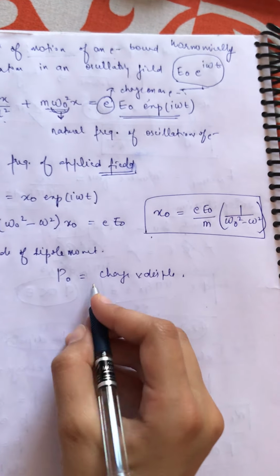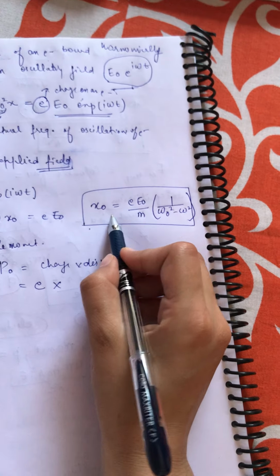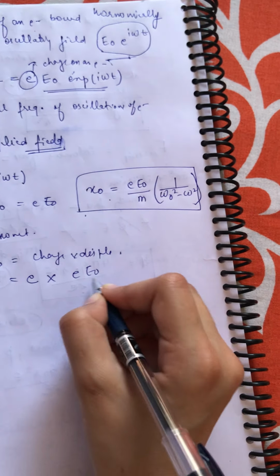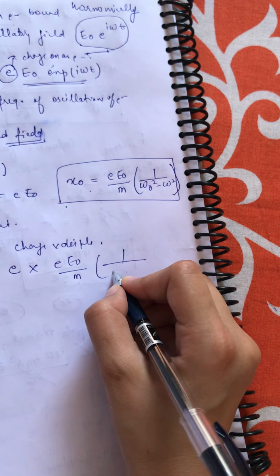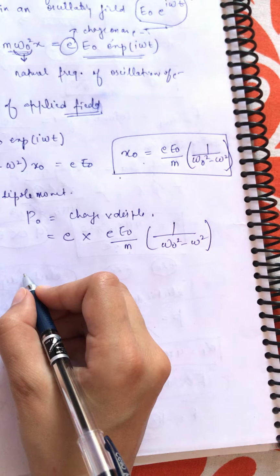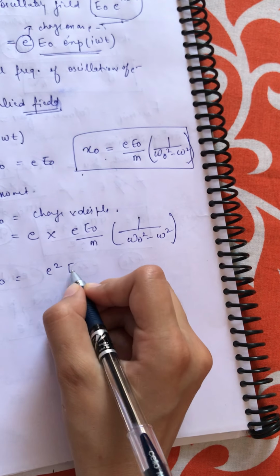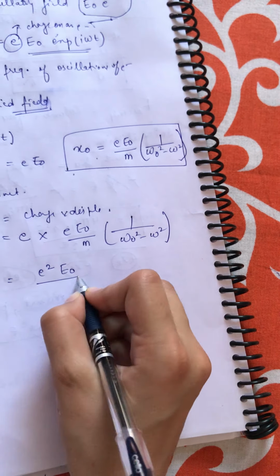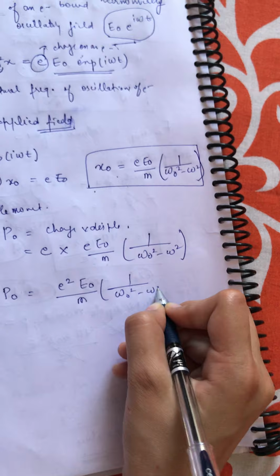Here the charge on the electron is e, into the displacement from this equation, e into E naught upon m, 1 upon omega naught square minus omega square. So the dipole moment becomes e square E naught upon m, 1 upon omega naught square minus omega square.